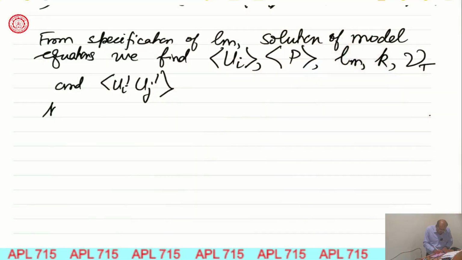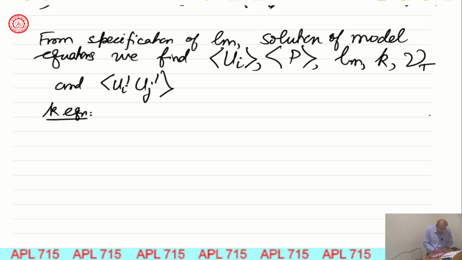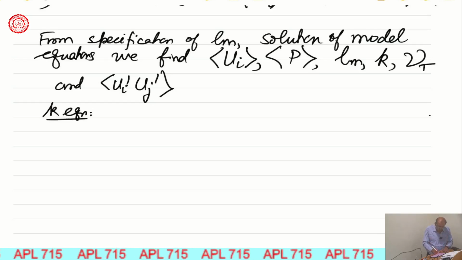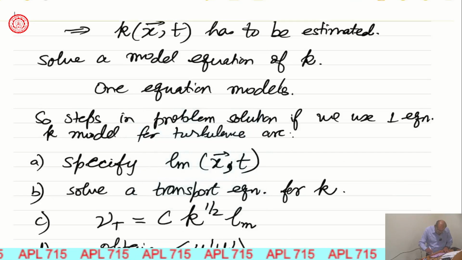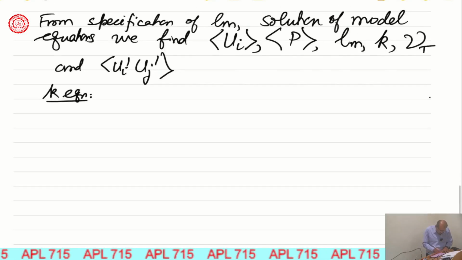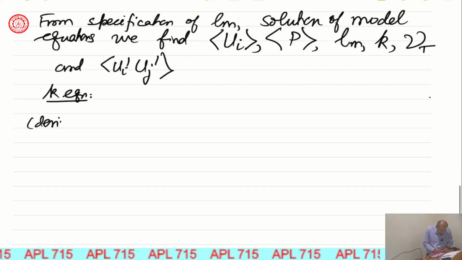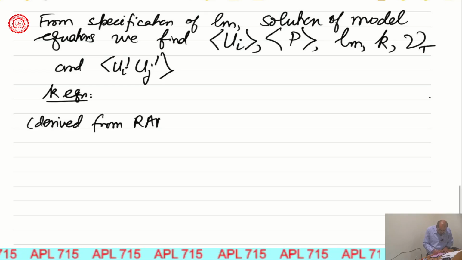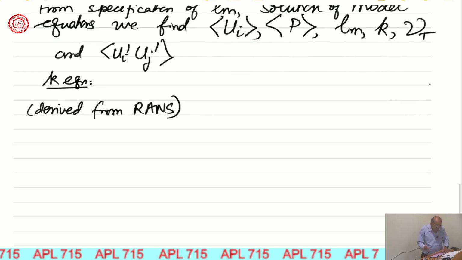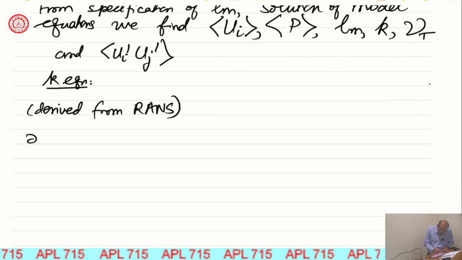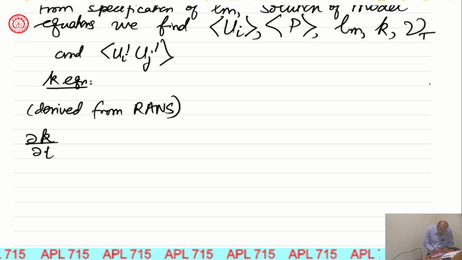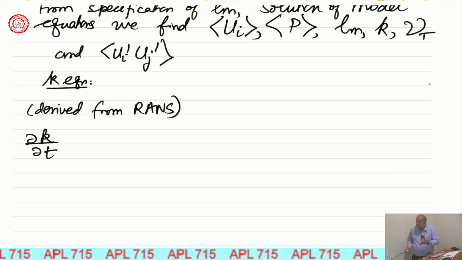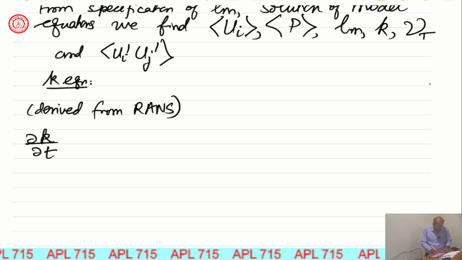So the k equation, if we look at the exact k equation derived from the Reynolds averaged equations, and this we have done in one of the homeworks, we had derived the equation for ui prime, uj prime. So k is a simpler equation.